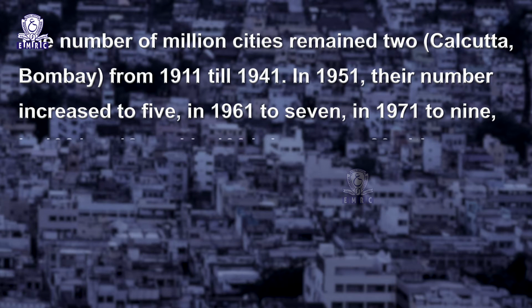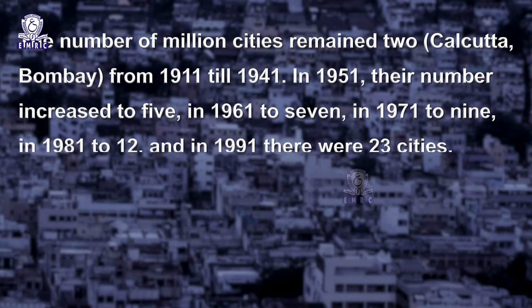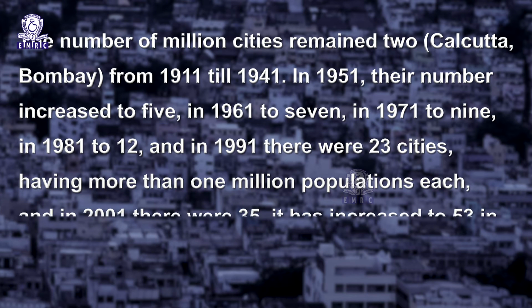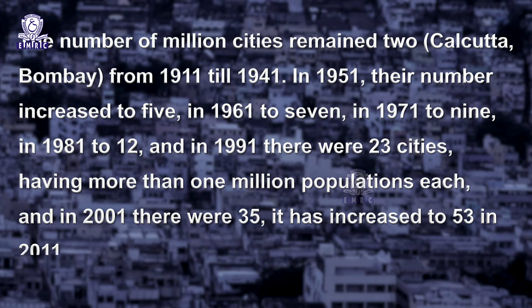In 1961, it rose to 7. In 1971, it again increased to 9. In 1981, there were about 12 million cities, and in 1991, there were 23 cities having more than 1 million of population each. And in 2001, there were 35, while it has increased to 53 in the year 2011.